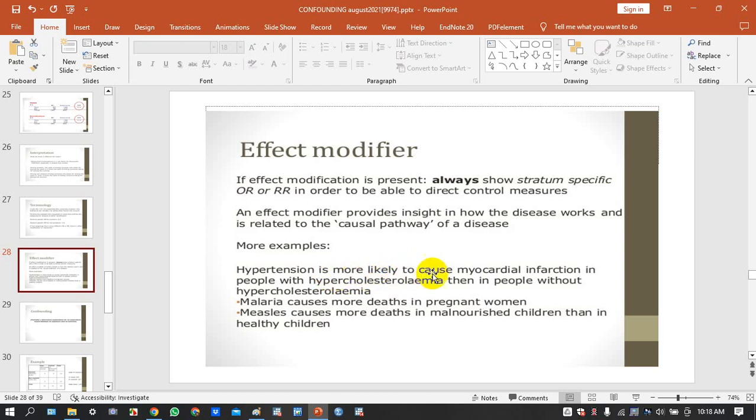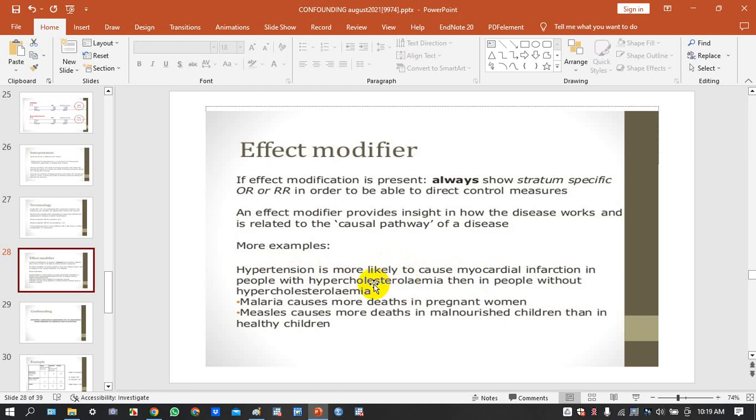Hypertension is more likely to cause myocardial infarction in people with hypercholesterolemia. We all know that hypertension causes heart attack or myocardial infarction. It is a fact. But the likelihood of hypertension causing myocardial infarction is modified by hypercholesterolemia, the high cholesterol level in the blood.